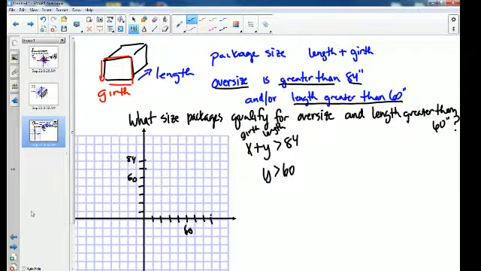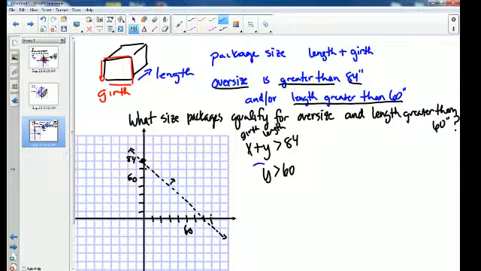What does the first line look like? What's the y-intercept, David? 84. And the slope, Ben. Thank you. Yep. Dashed or solid? Dashed. And where am I going to shade? Above.